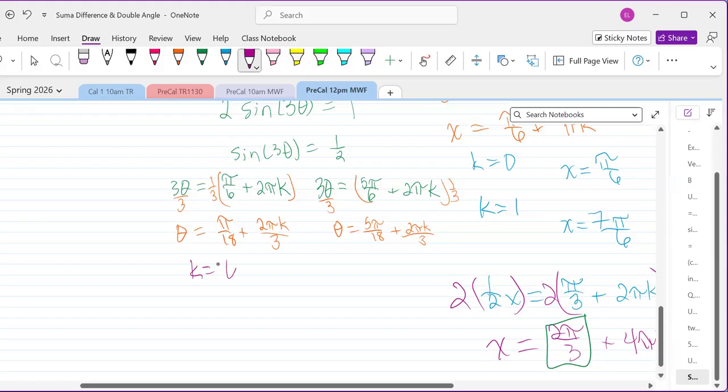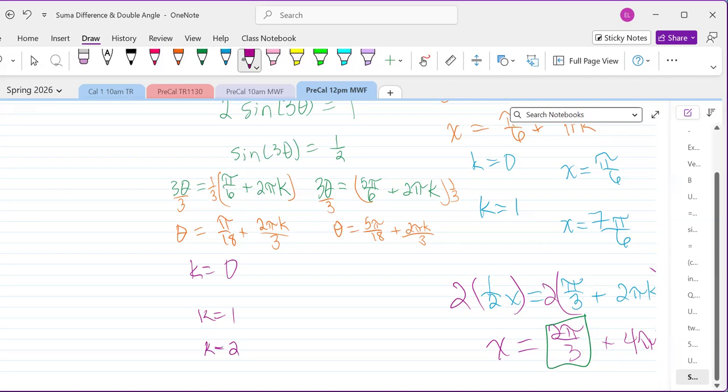We'll have to use K equals 0, K equals 1, and K equals 2 to get all 6 solutions that are between 0 and 2 pi. You're not going to have one that ugly on the test, though. 3 theta is just extra work that takes too long. But that's how you finish that one for the homework.